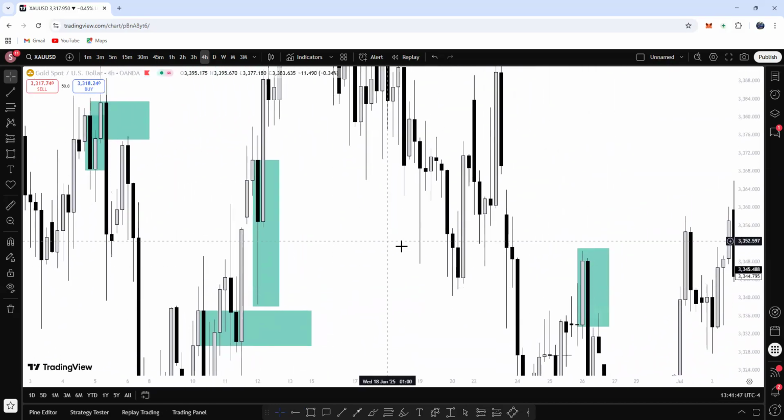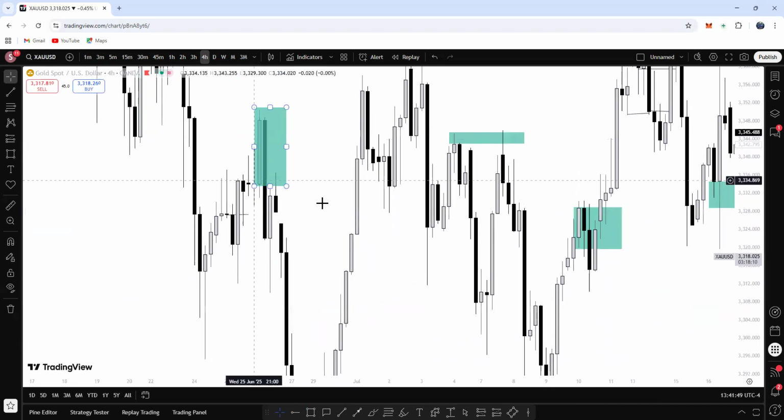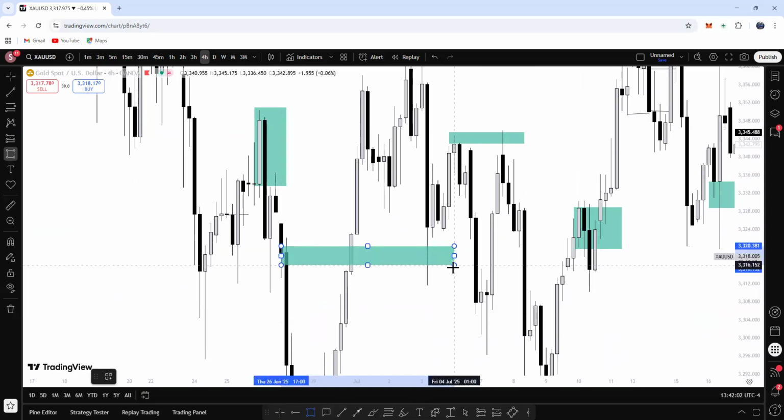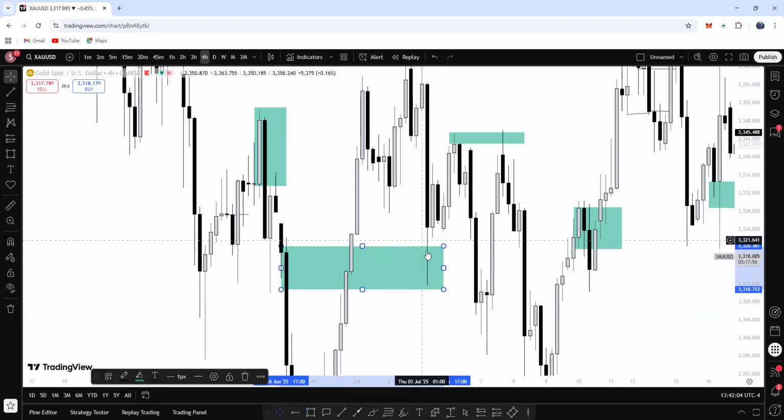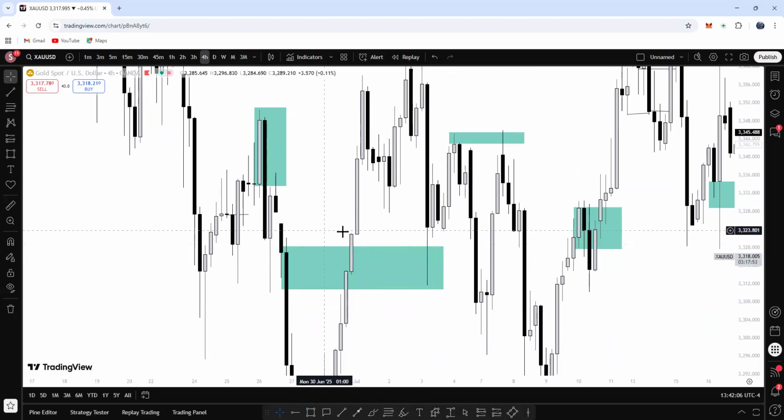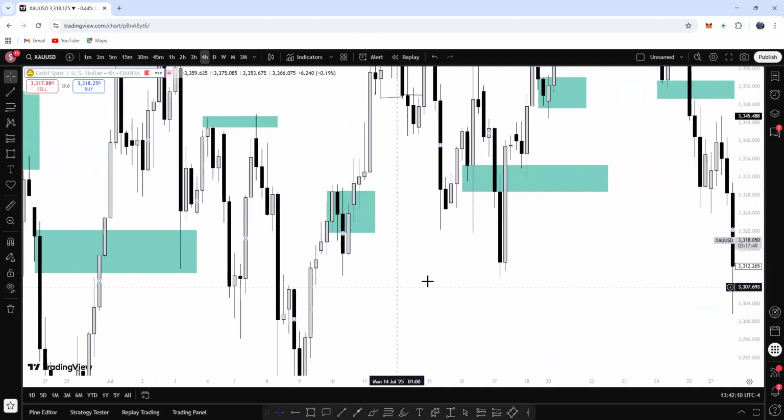So that's it. And our open and close, this open and close here. This open and close there. Price broke above it, came down to it, and continued its up movement. That's failed open and close.